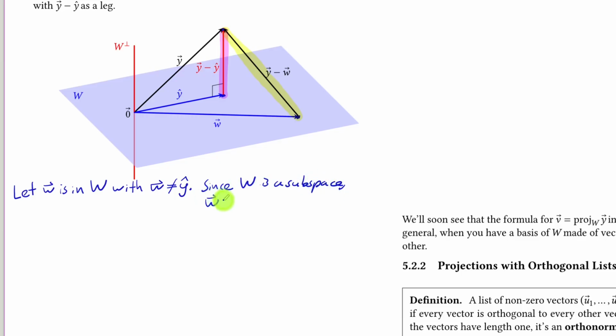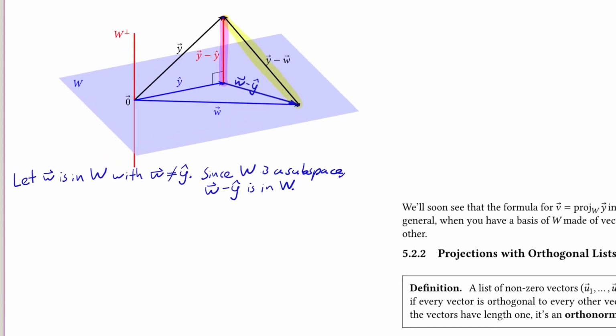Specifically, w minus y hat is in W. You can't get out of W by adding or subtracting two vectors that are in W. So w minus y hat should be from here to here, because we want to do y hat plus w minus y hat and have the y hats cancel out and get w.